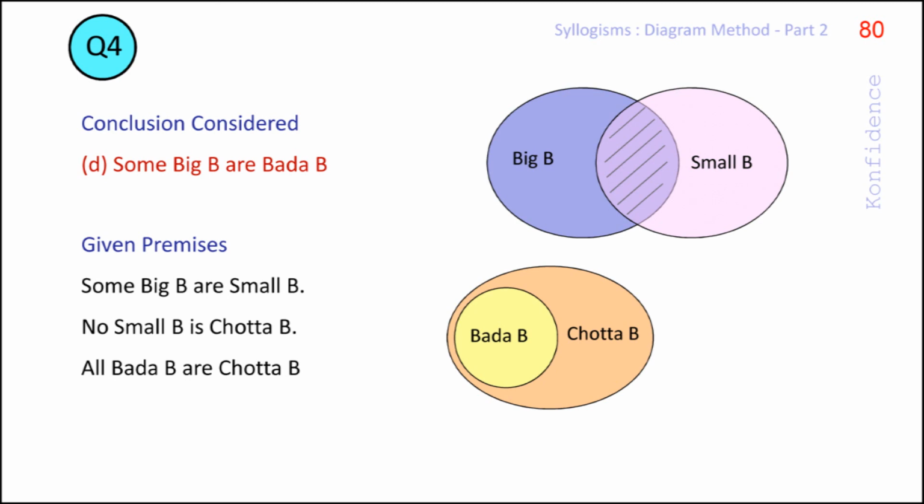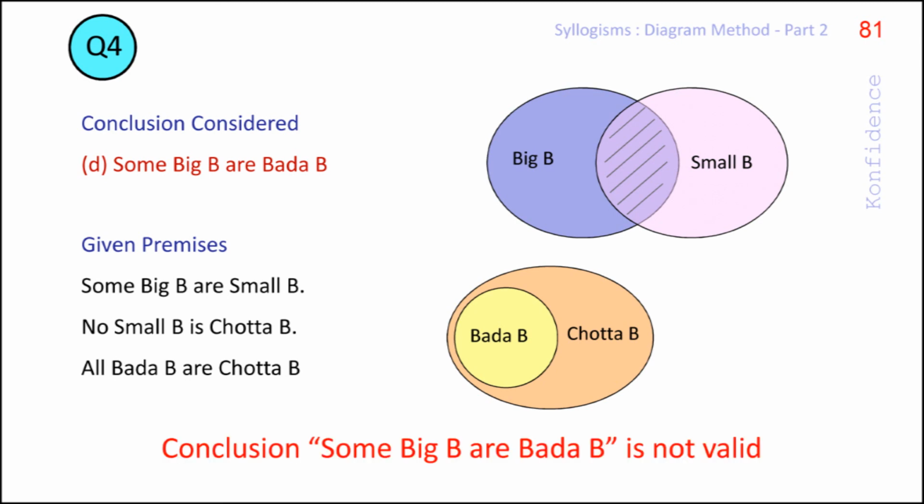No small b is chota b as per premise 2, so they cannot overlap. In this case, big B and chota b are also not overlapping. As Bada B is within chota b, it does not touch big B, and so the statement some big B are Bada B is not correct here. Hence, it is not a valid conclusion. So we conclude that option C is the correct answer.